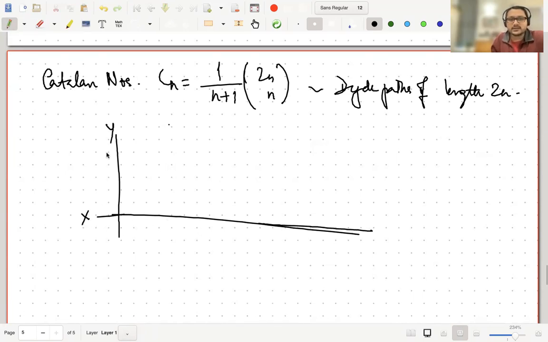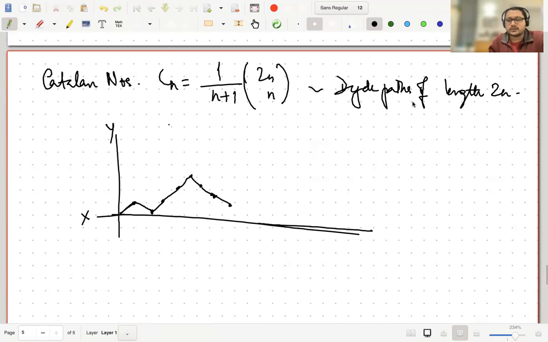So you have the x-axis and the y-axis, and these Dyck paths of length 2n are lattice paths where there are only two possible steps. Either you go up or you come down, okay? So you can keep on going up and then you come down.